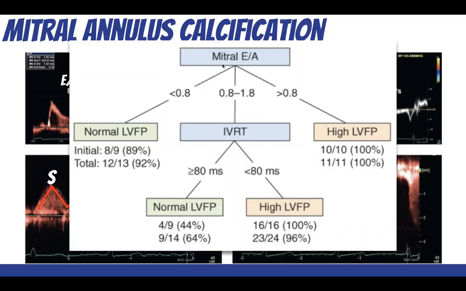If your E to A ratio is more than 1.8, that's going to be high. If the mitral E to A ratio is 0.8 to 1.8, then you look at the IVRT. If it's short, then the filling pressures are elevated. If it's not short, then the filling pressures are probably normal.